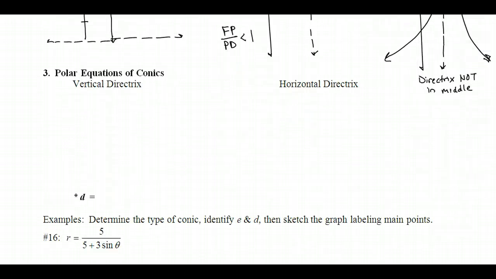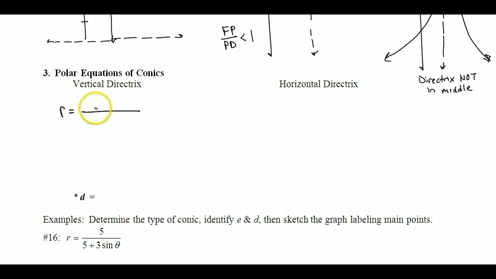So if we have to see what the polar equations are of conics, we have two options, because we can either have a vertical directrix or we can have a horizontal directrix. And you have to identify right away which my directrix is going to be, obviously vertical or horizontal. And then to write our polar equation, remember we need r and theta if we're writing in terms of polar.